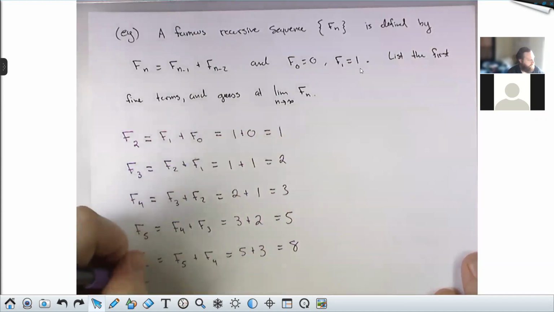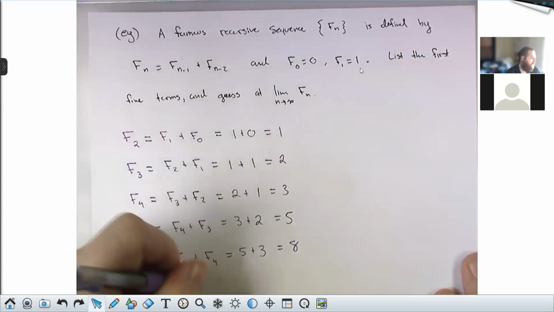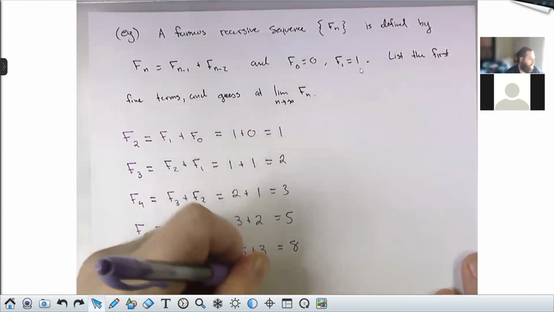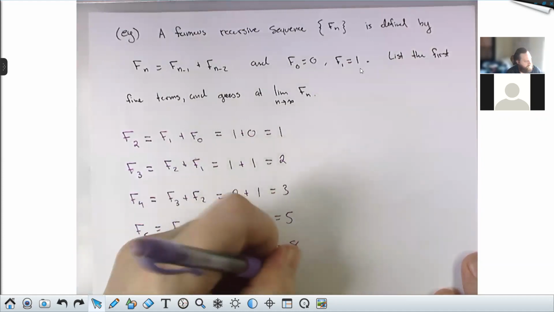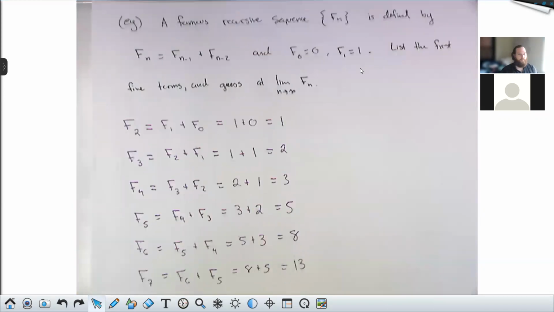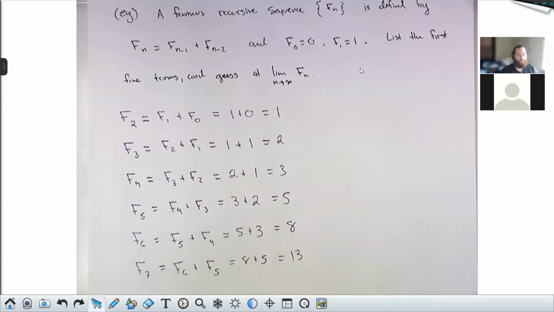And I'll stop at the next one. F7 would be F6 plus F5, which would be 8 plus 5, which is 13. Anybody recognize this sequence? 0, 1, 1, 2, 3, 5, 8, 13.